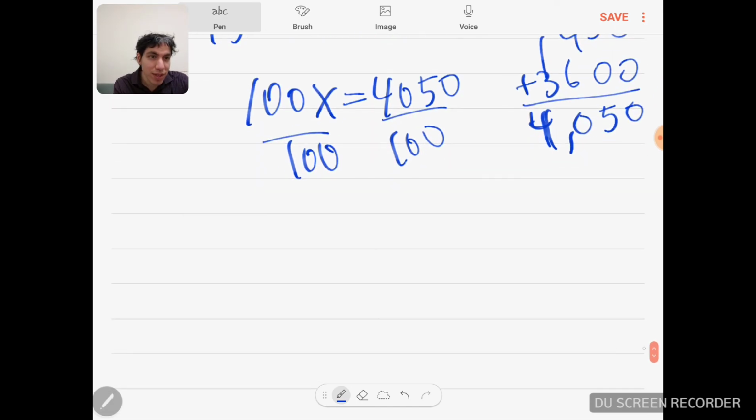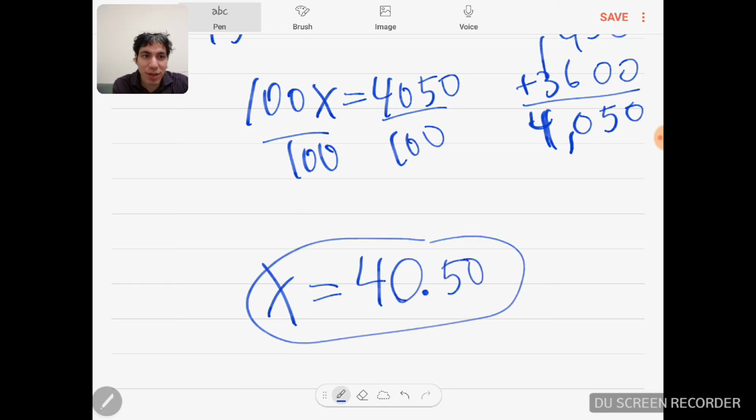I know what to do with the decimal point. X is 40.50 as my answer. I prefer the is over the of because you can clearly see, whatever my is, in this case I don't know what it is. Whatever my of is, that's what my of says, and my percent is what my percent is.